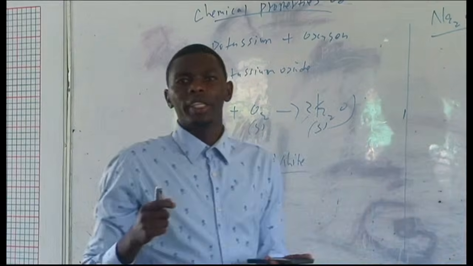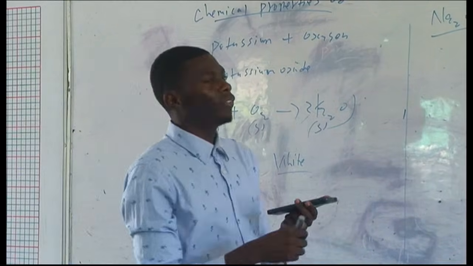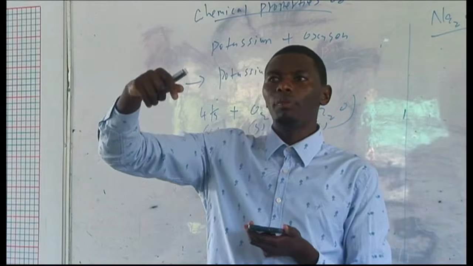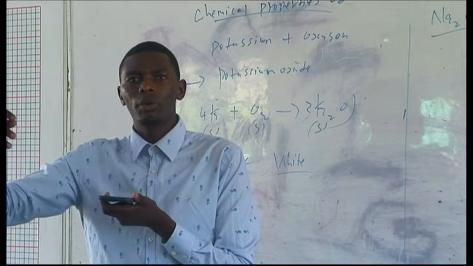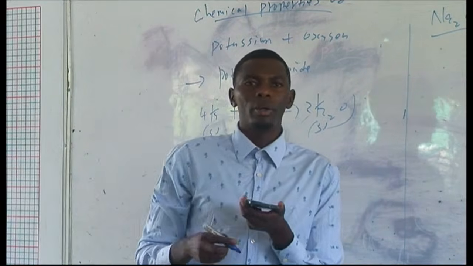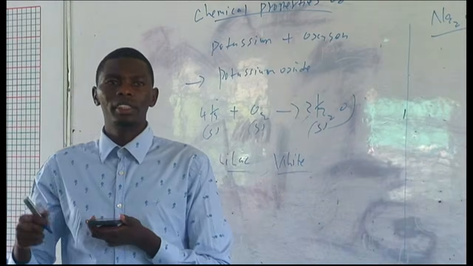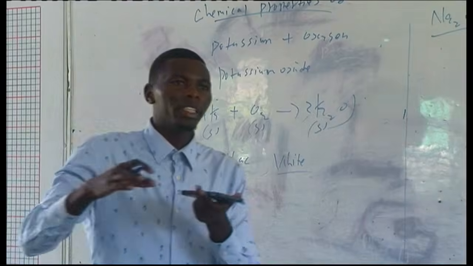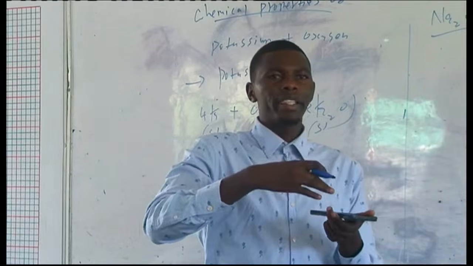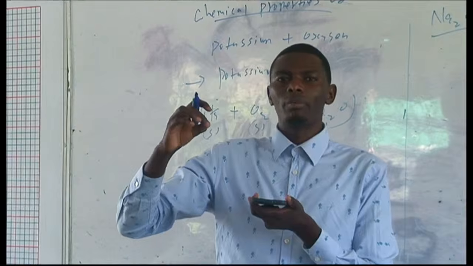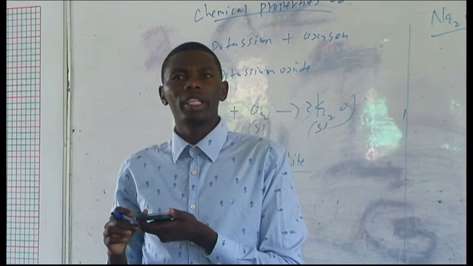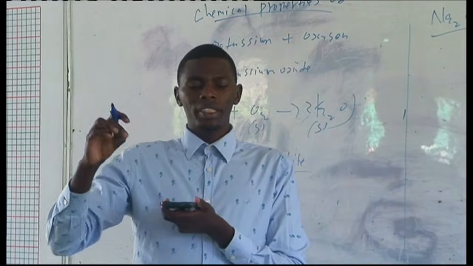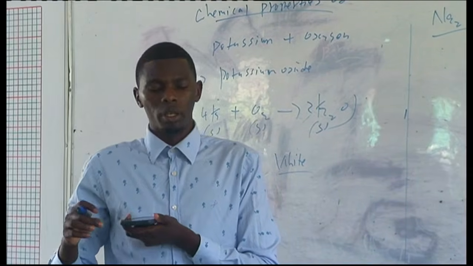If we react potassium, it will produce potassium chloride, and for lithium, it will be lithium chloride. So in conclusion, when alkali metals react with chlorine gas, they produce their corresponding metal chlorides: lithium chloride, sodium chloride, and potassium chloride.